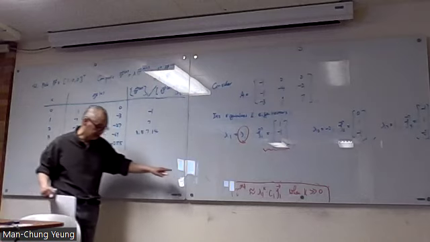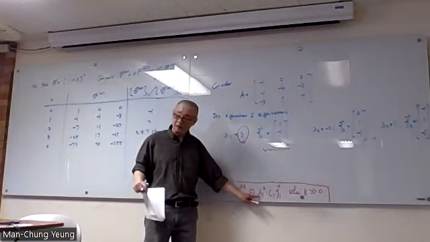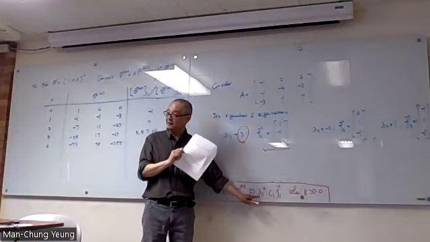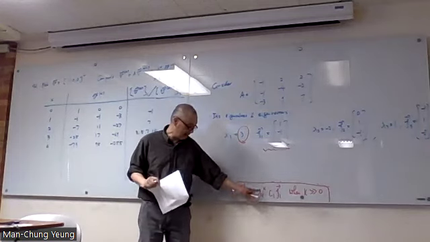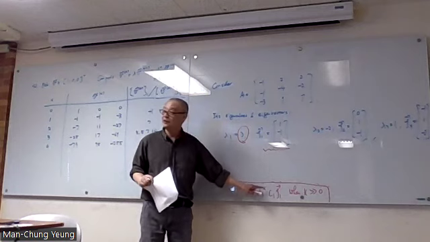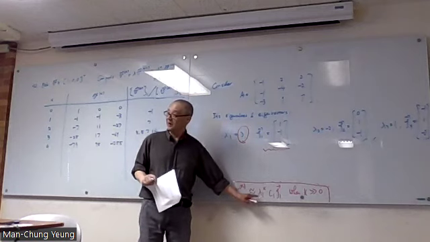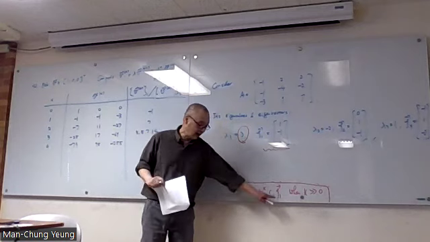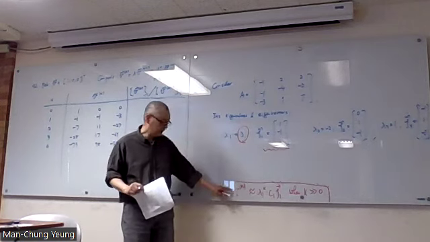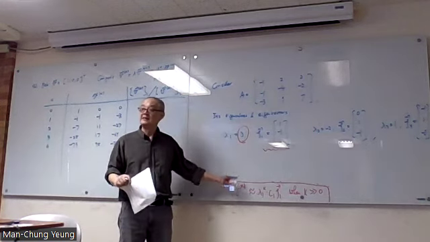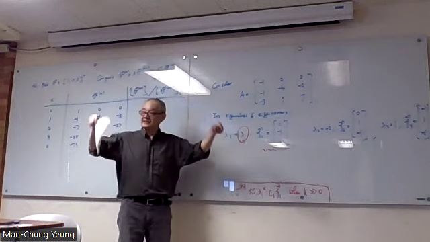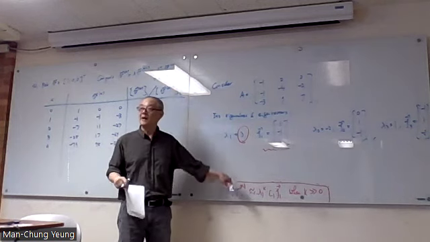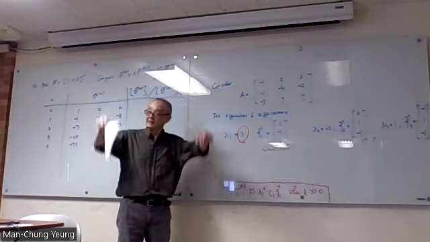Why? Because lambda 1 in this example is number 3. So when k is large, 3 to the k is a large number times a vector. So actually Vk is increasing in size, in magnitude.